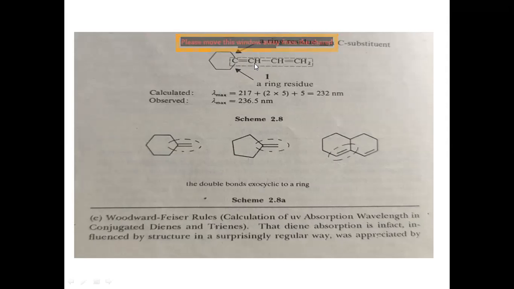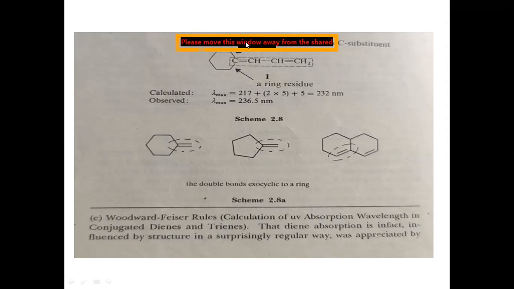This is our parent diene. It has a contribution of 217 nm, 215, 217. A small difference may be there according to the literature. In different books some values may differ, but basic values are around 215 nm.